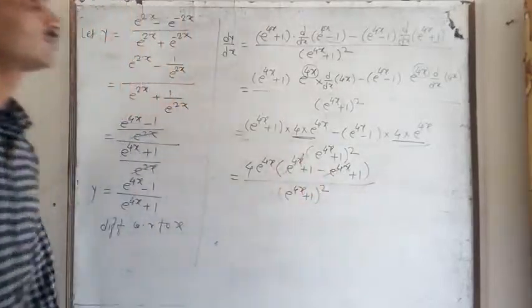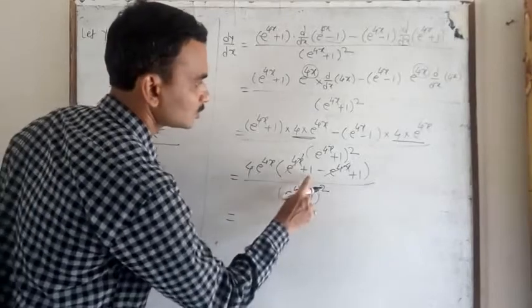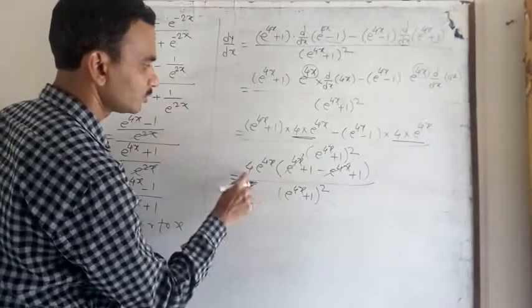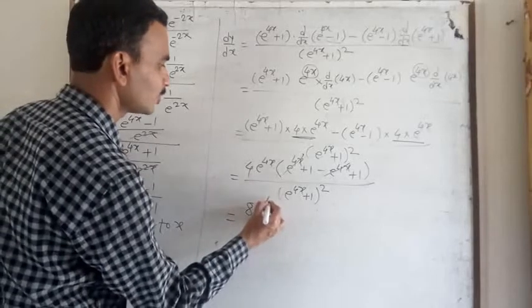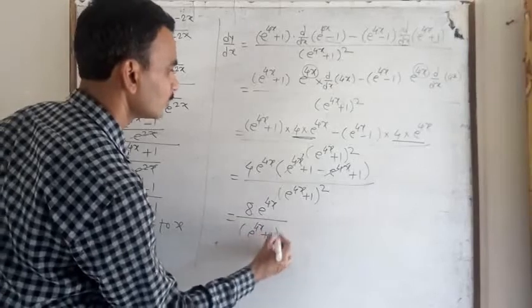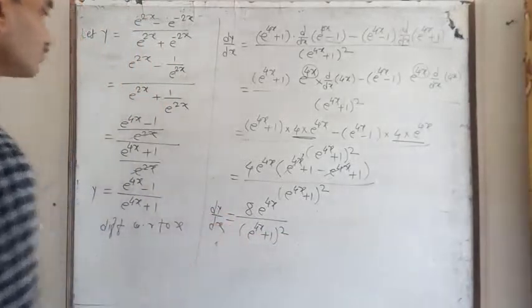Cancel e raised to the power 4x, this plus minus sign, so 1 plus 1 means 2, 2 into 4 means 8. 8 e raised to the power 4x upon e raised to the power 4x plus 1 bracket square. This is our dy by dx.